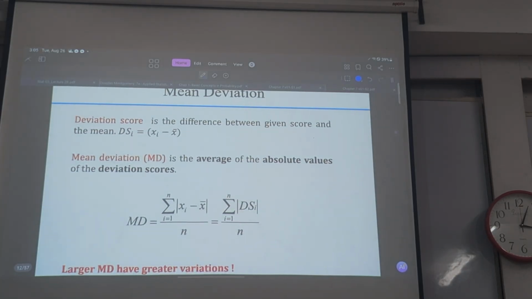For each of these data, we can calculate the difference between the data and the mean, xi and x bar. This is our mean. And then the sum of the absolute values divided by the number of data is the mean deviation. Okay?